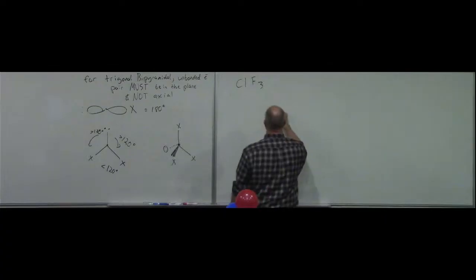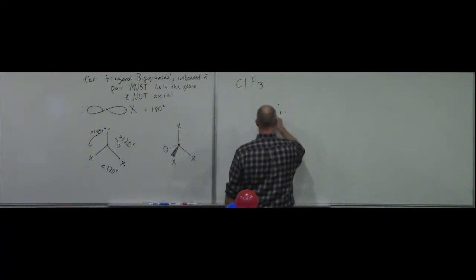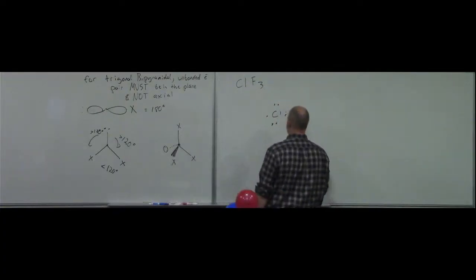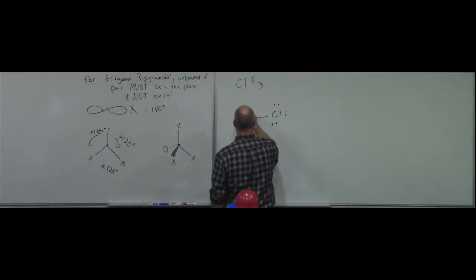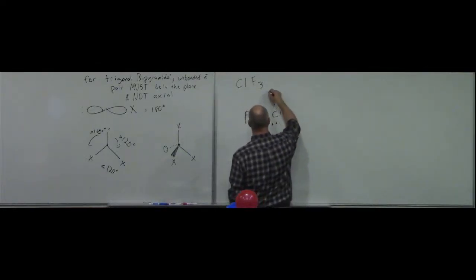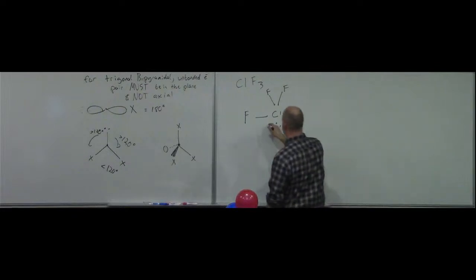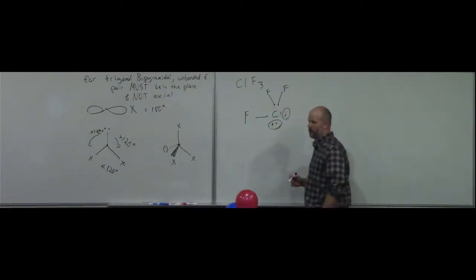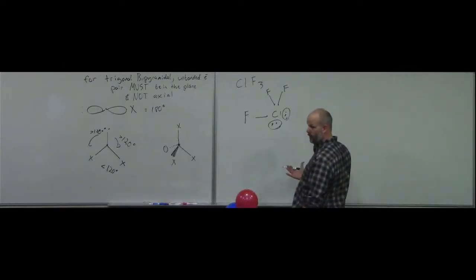ClF3. So we start with chlorine, right? Chlorine has 7, so 1, 2, 3, 4, 5, 6, 7. Right, so I'm going to do 1, 2, 3. How many regions of electrons do I have? 5, right? So that should be my trigonal bipyramidal.